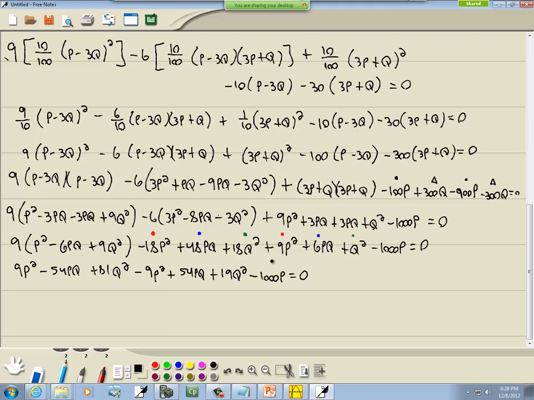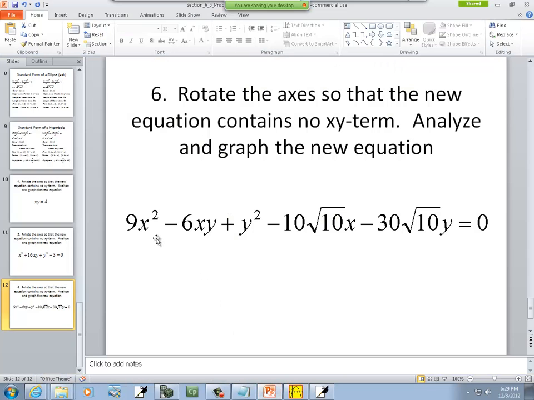Okay. Let me see what in the world this problem really is to begin with. Remember our b squared minus... okay. Let me identify A, B, and C. Okay, we said A is 9, B is negative 6, and C is 1.